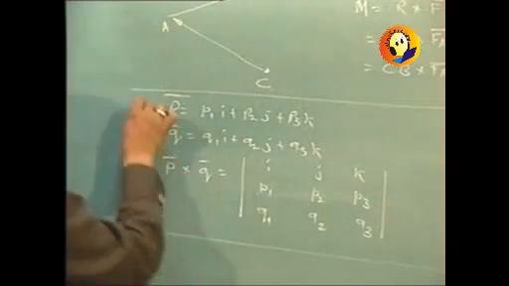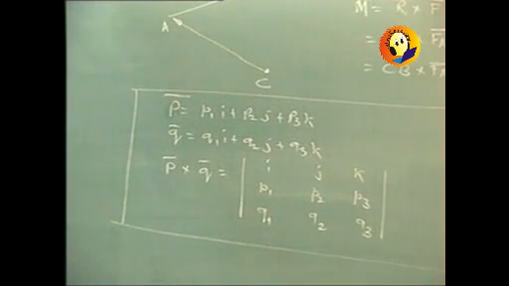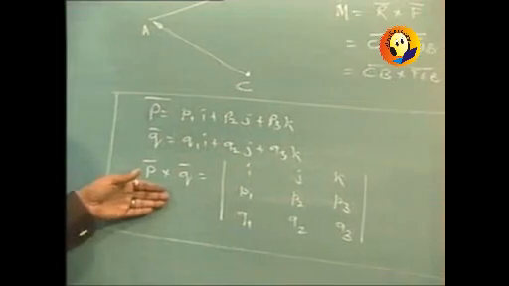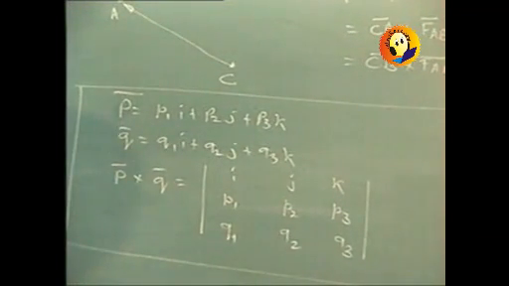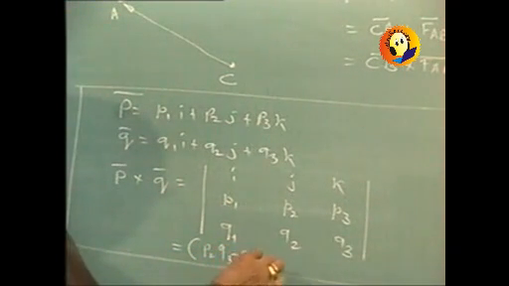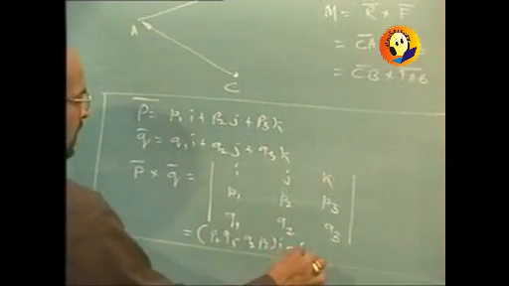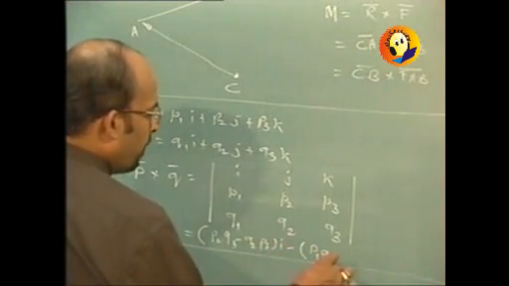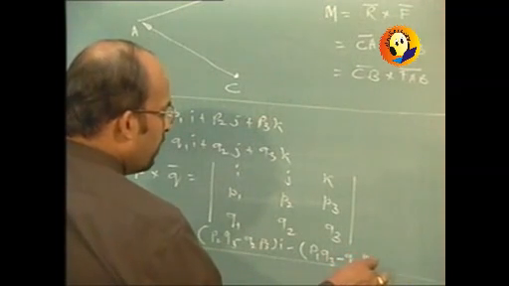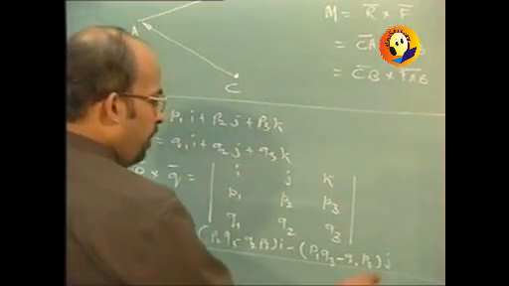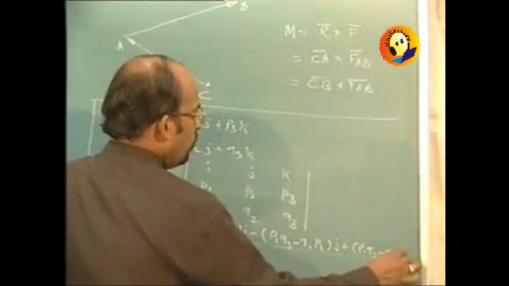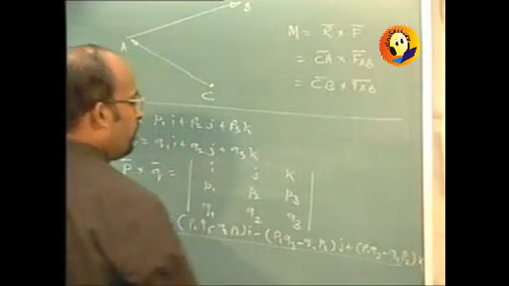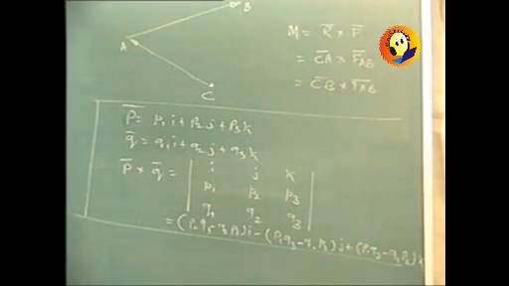This is the base for taking the cross product, and we will get the answer also in terms of i j k. Expansion, you are aware, is P2 Q3 minus Q2 P3 i minus P1 Q3 minus Q1 P3 j plus P1 Q2 minus Q1 P2 k. This is how the answer can be obtained.